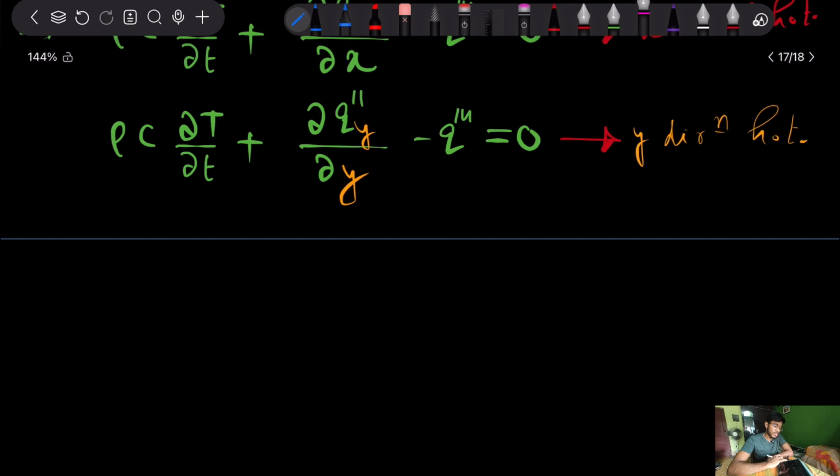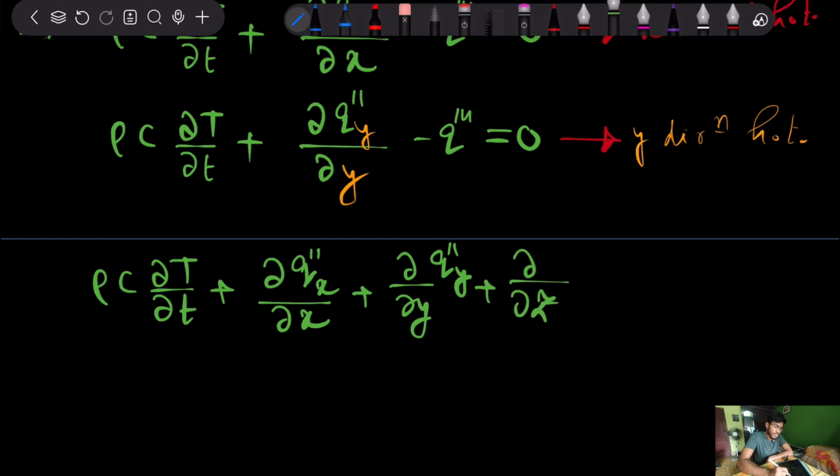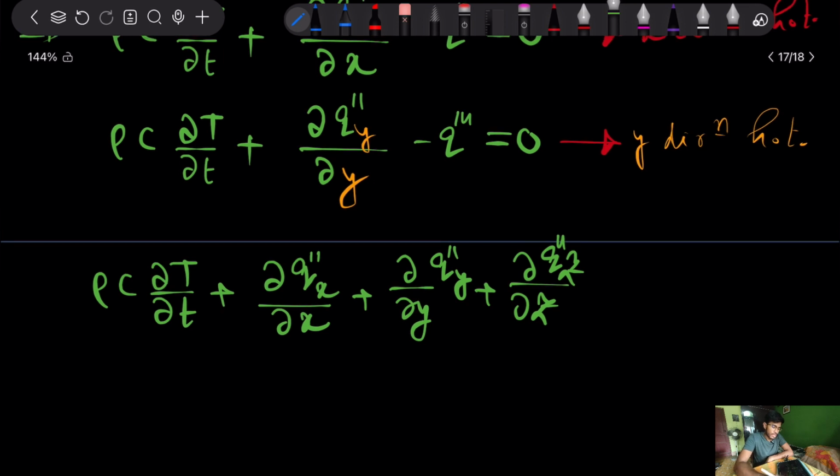So then for the 3-dimensional case, the equation will be rho c del T plus del x of q double prime x, del y of q double prime y, del z of q double prime z, and minus q triple prime is equal to 0.